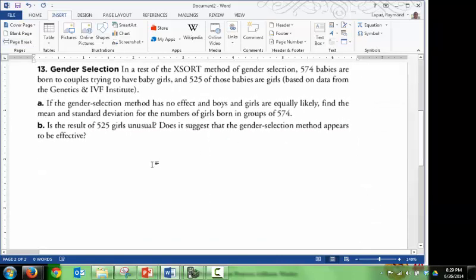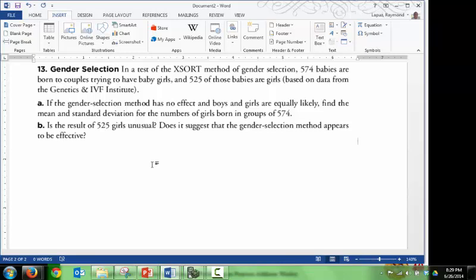So this is our problem. In a test of the XSort method of gender selection, 574 babies are born to couples trying to have a baby girl. And out of 574 babies, 525 of those are girls.